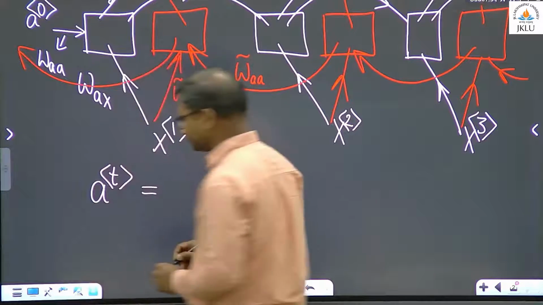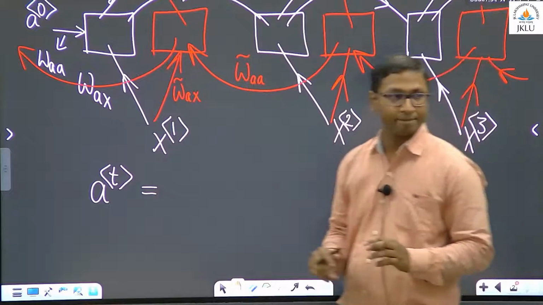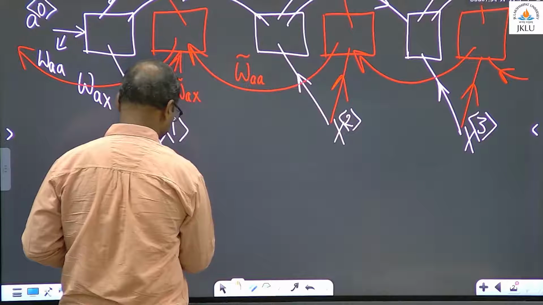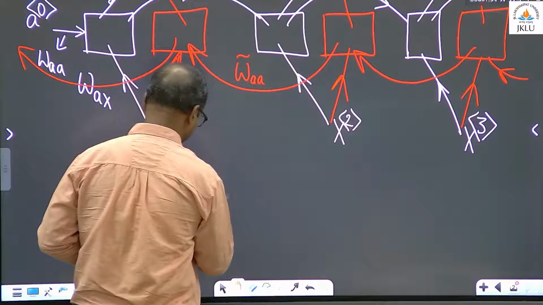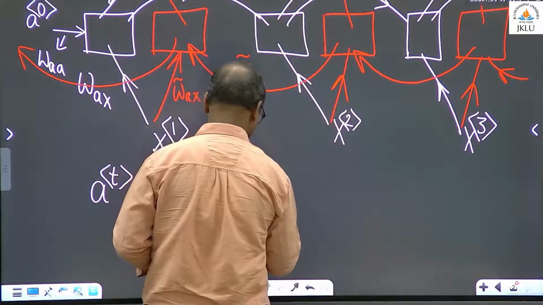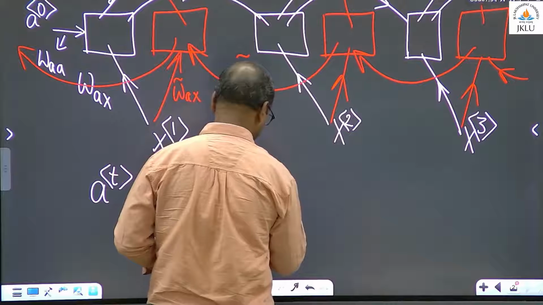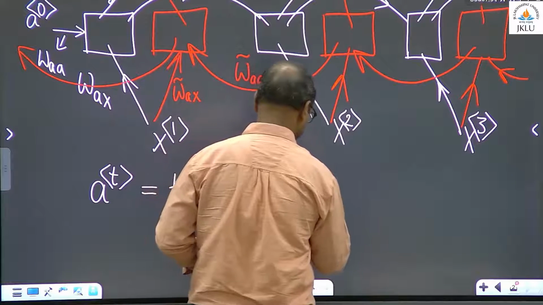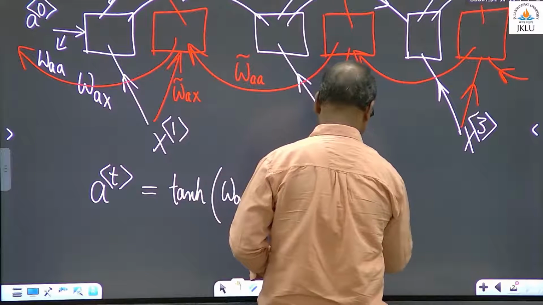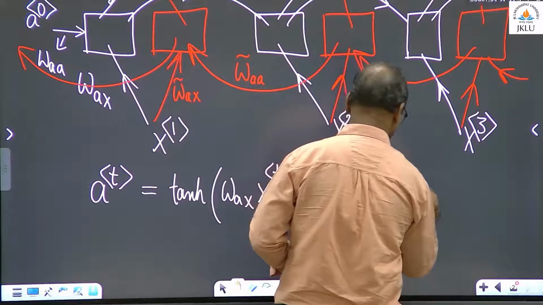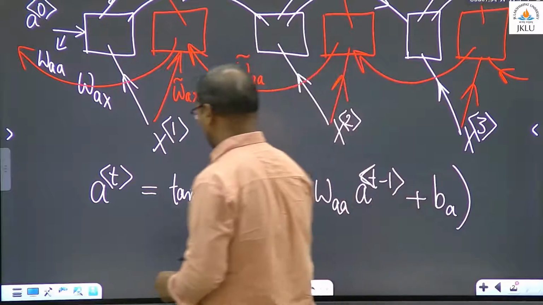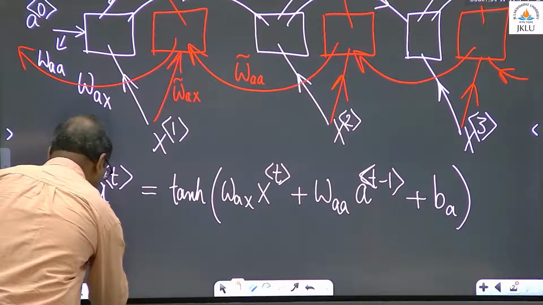AT was basically activation of, so we were using tanh fine, but what next? WAX XT plus WAA AT minus 1 plus BA, and you also had y hat t.